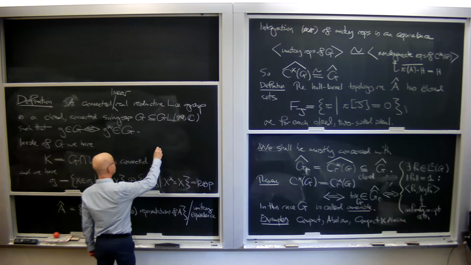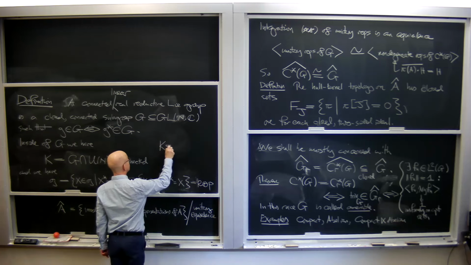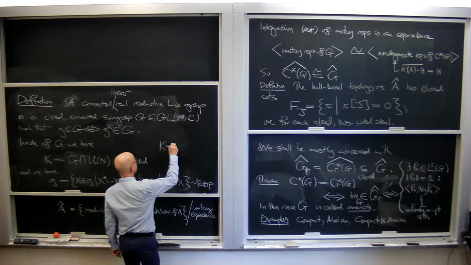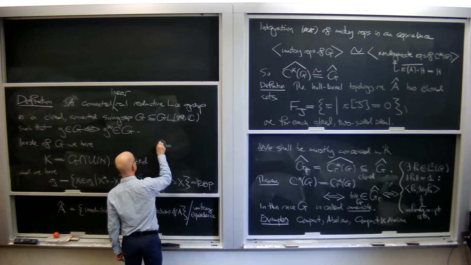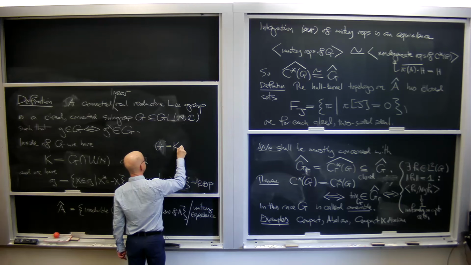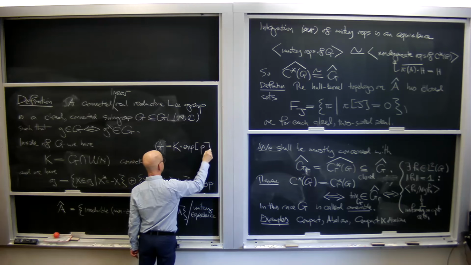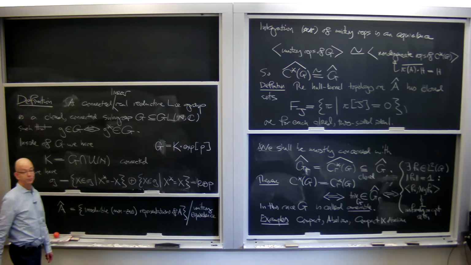And there's a beautiful picture of what G the group looks like based on what you see here. G the group is just the product of K times all of the things you get by exponentiating things in P, like that.